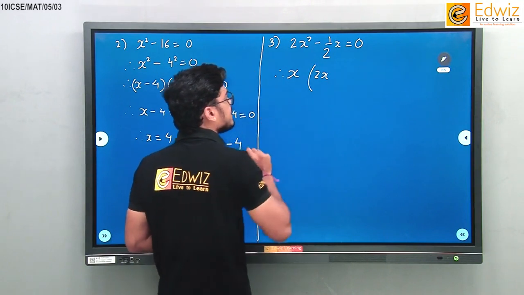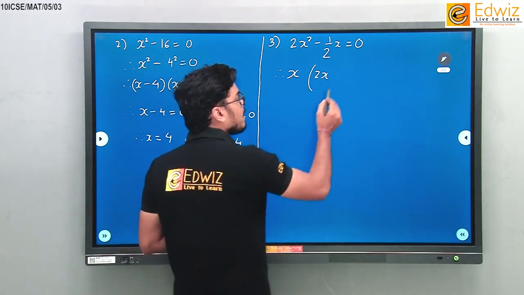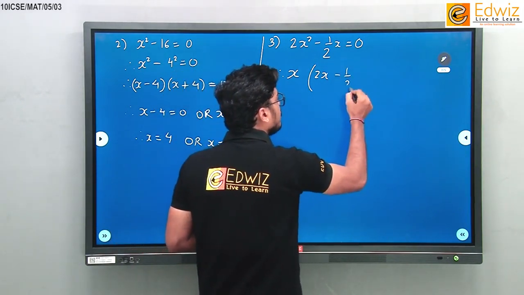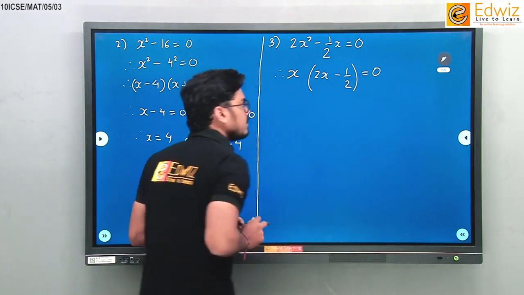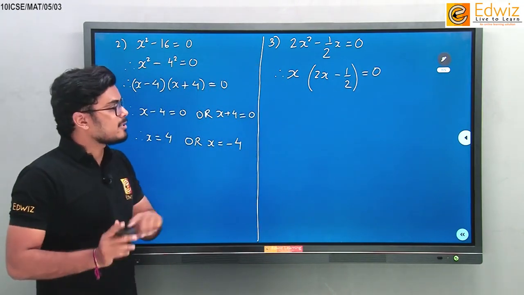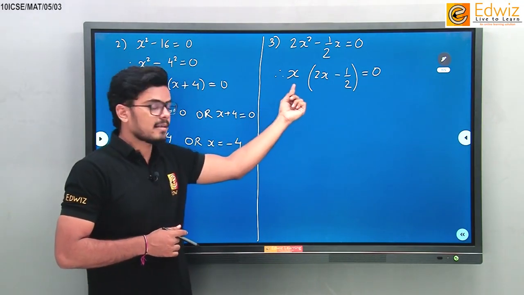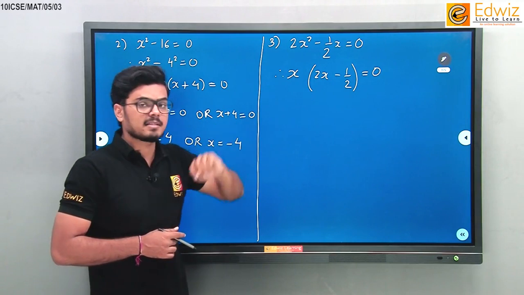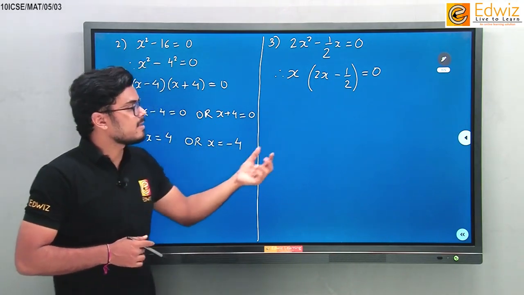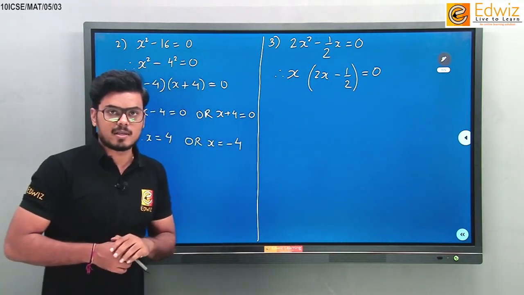So what will be left behind? 2x, because one x from x square is outside, minus 1 upon 2 equal to 0. The reason I did this is because once again we are getting two different factors. X multiplied by 2x minus half, these two factors, the product is equal to 0.